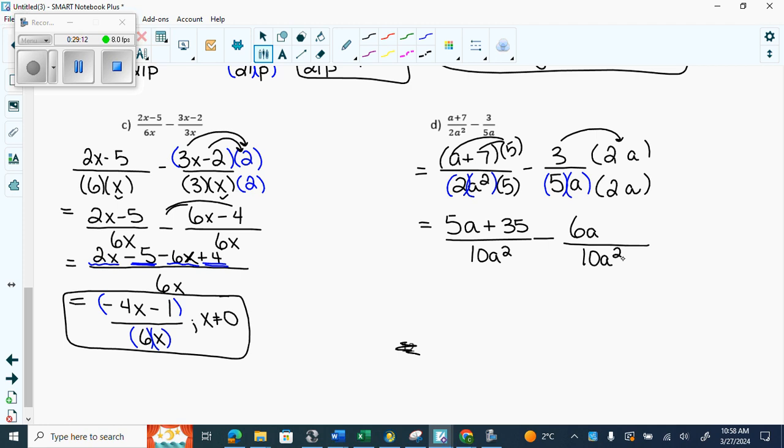Second step, write over 1 denominator. 5a plus 35 minus 6. Third step, collect items. 5 apples, and that's it, so I have 5 apples. 35 nothings minus 6 nothings is 29 nothings over 10a squared.